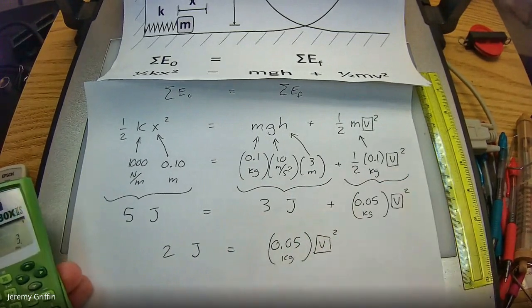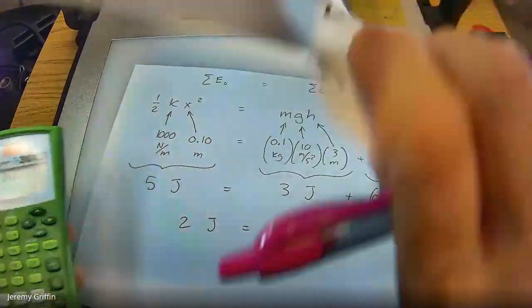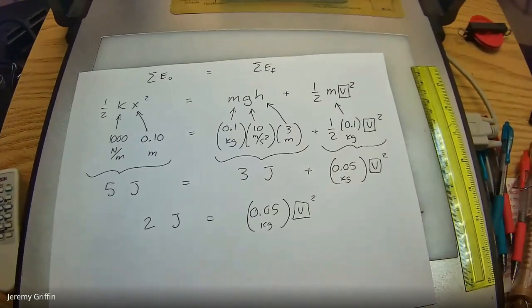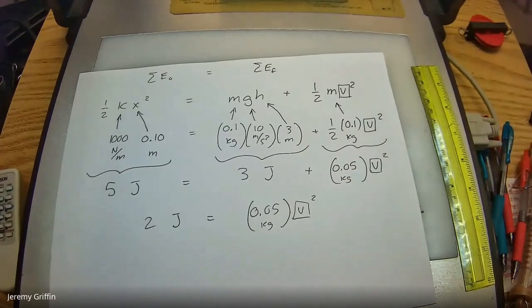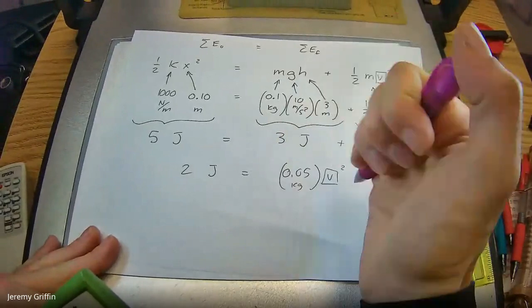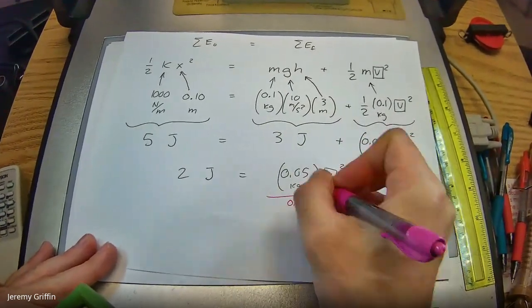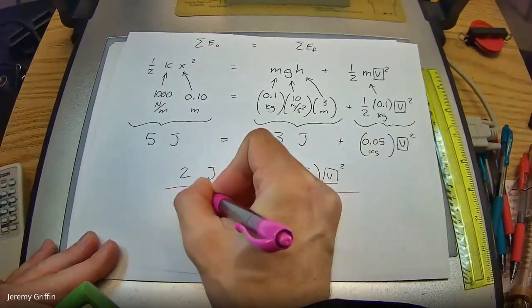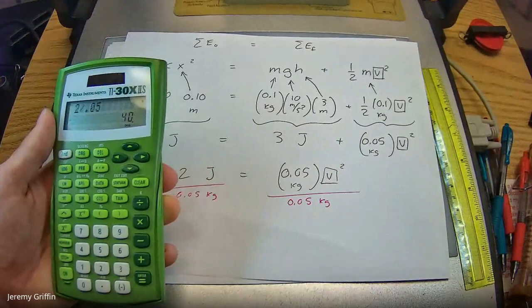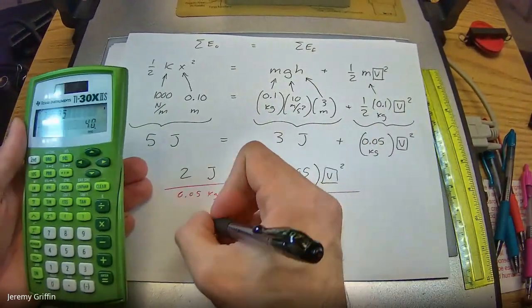So do some algebra, divide both sides by 0.05 kilograms. So 2 divided by 0.05, that's looking like 40.